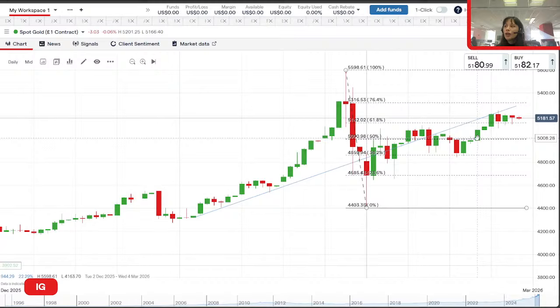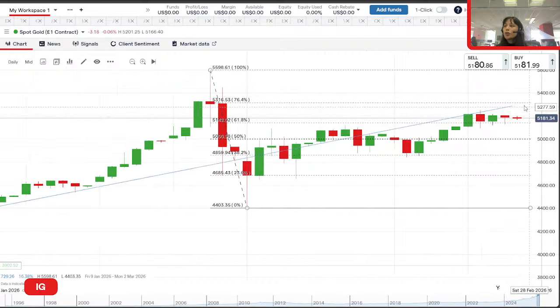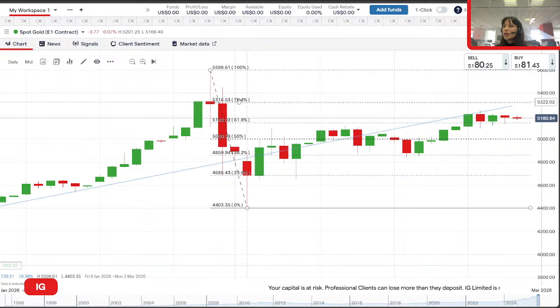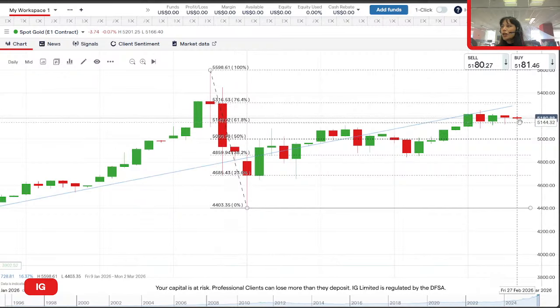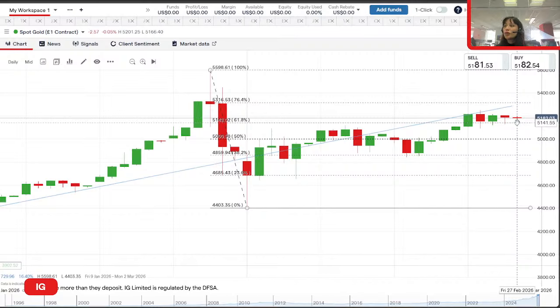Now we are moving between two major Fibonacci retracements of 61.8 and 76.4, so it's 5,140 and 5,300 respectively. We might see prices moving in this short range until we have a major catalyst.